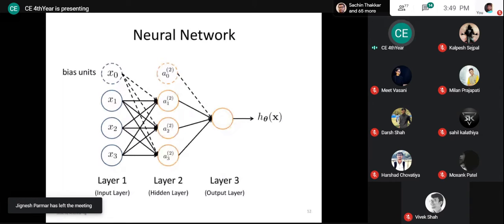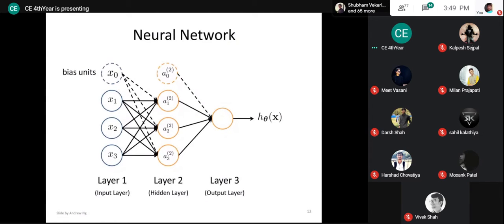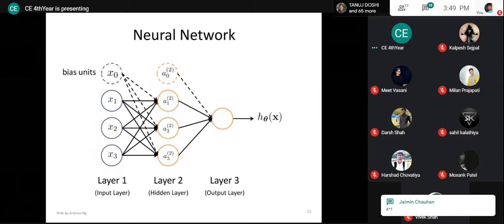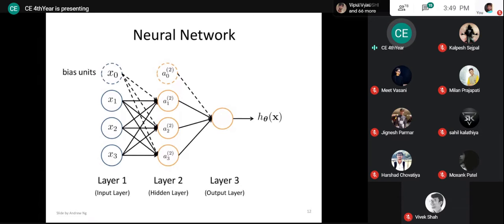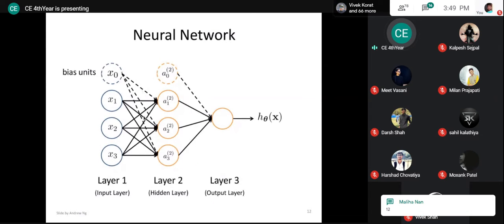So for this example, what will be the number for this example? Actually, number of inputs are 3, that is x1, x2, x3. This x0 itself is a bias. So can I say that the dimension of weight matrix which is in between layer 1 and layer 2 is 4?